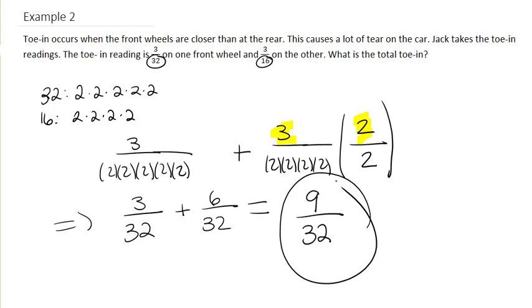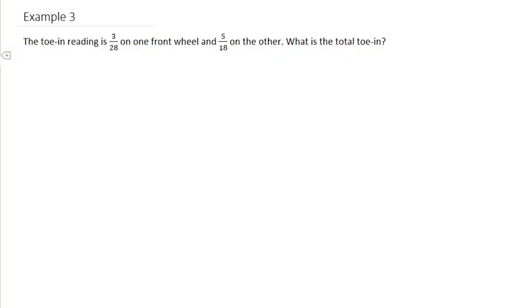So let's go ahead and look at another example. Now we have a toe-in reading of 3/28 on one front wheel and 5/18 on the other. What is the total toe-in?